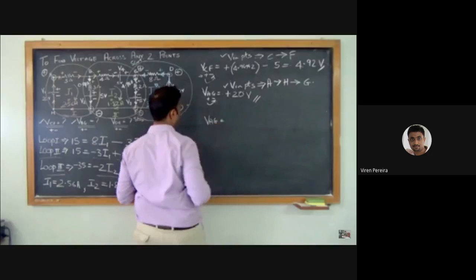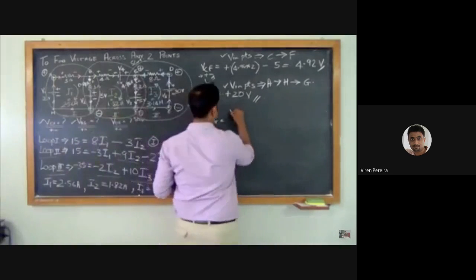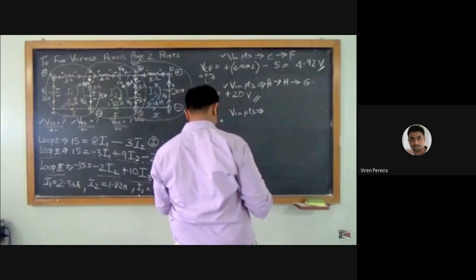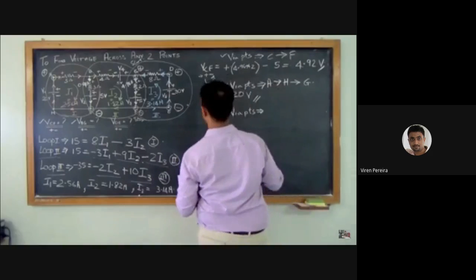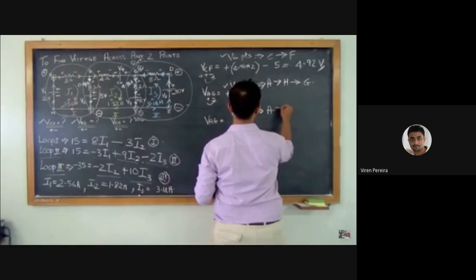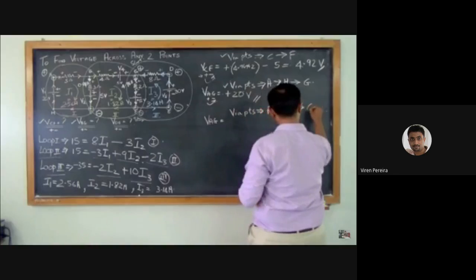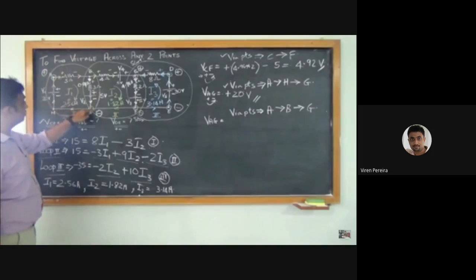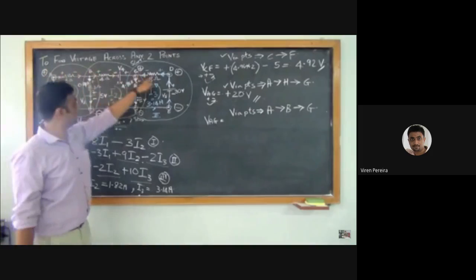So now I will try to find out the voltage across VAG across points. So we go via points A to B and B to G. Now, as I told you, if you want to find out the voltage across any two points, you can take this loop, this loop, this loop, or this loop.